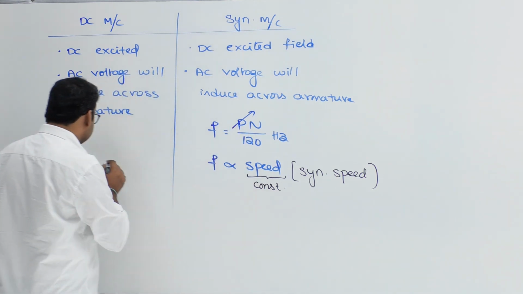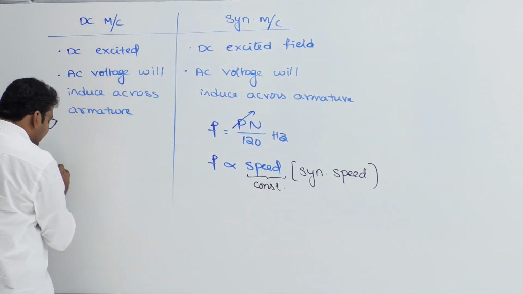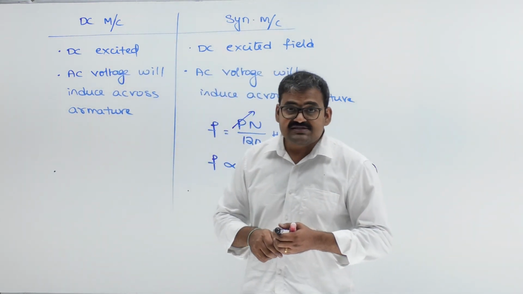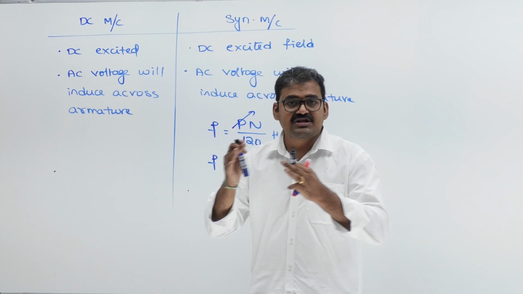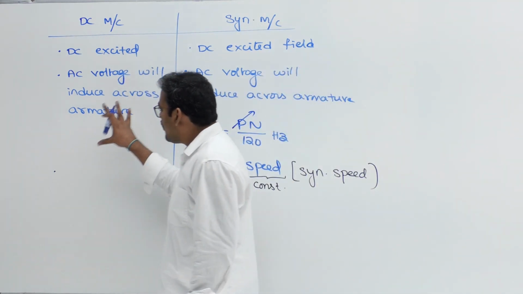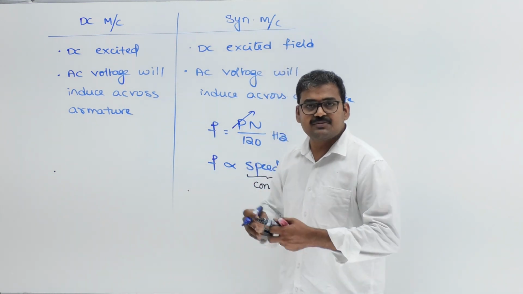Next, coming to the major difference between a DC machine and a synchronous machine: who is stationary and who is moving. I discussed these points already; I am just recapitulating again.